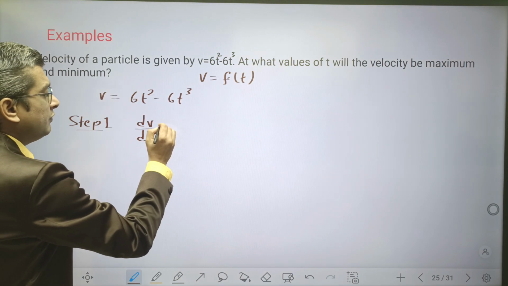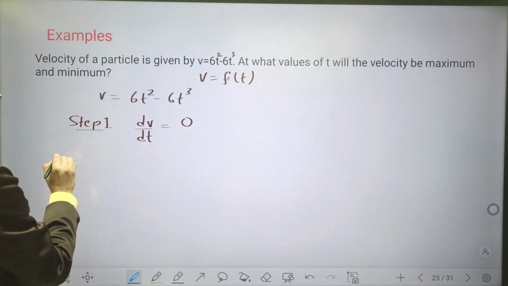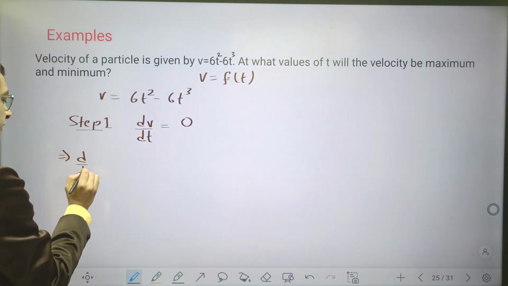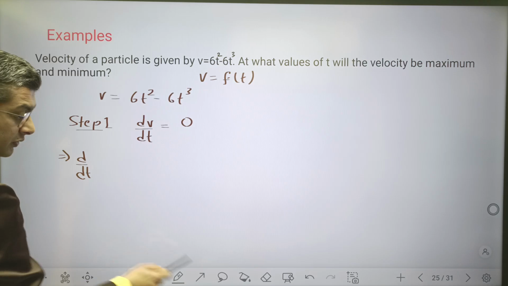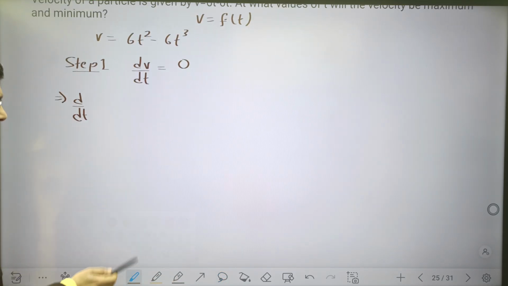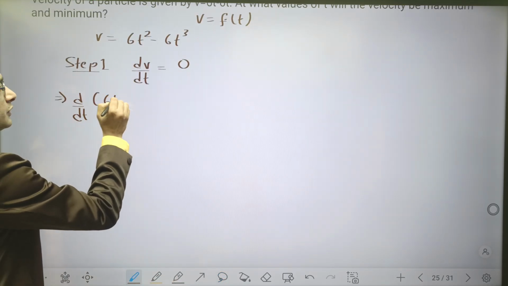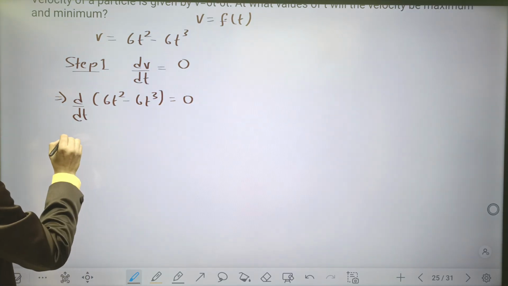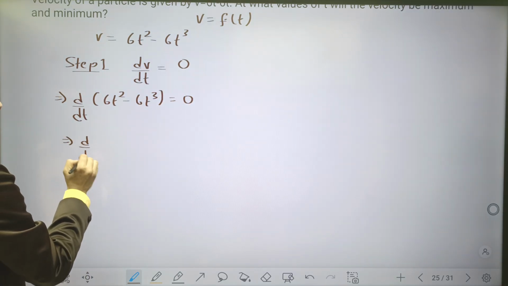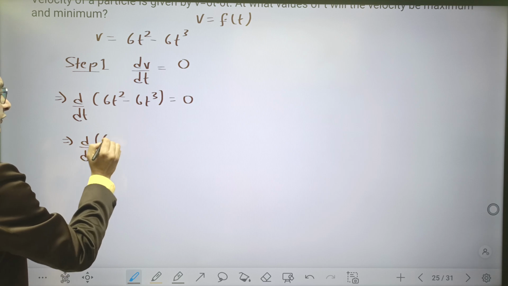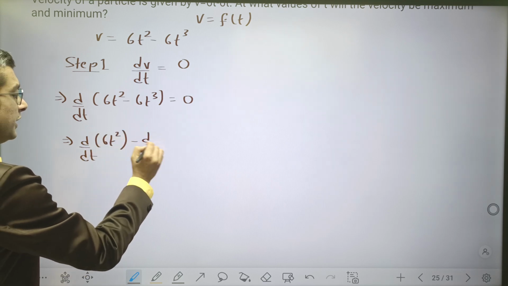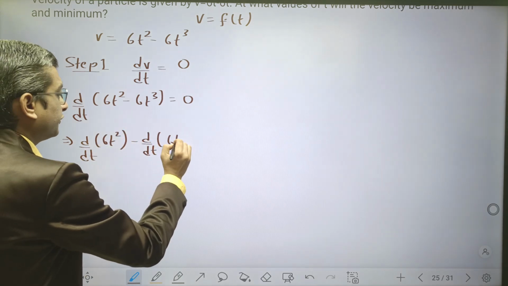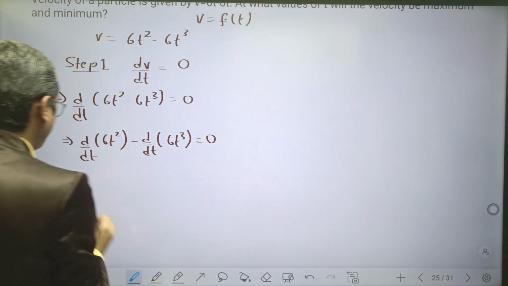So dv by dt equal to 0 implies d by dt of 60t square minus 60t cube is equal to 0, which implies, separating these terms, d by dt of 60t square minus d by dt of 60t cube is equal to 0.